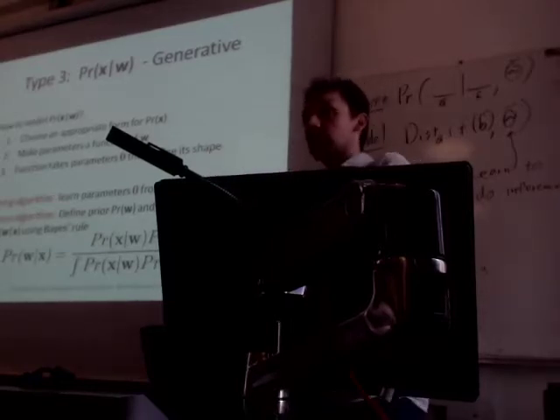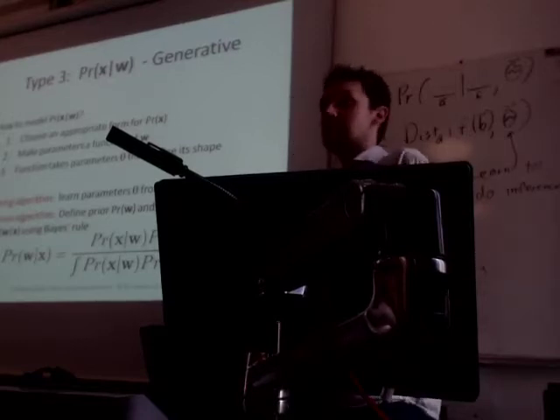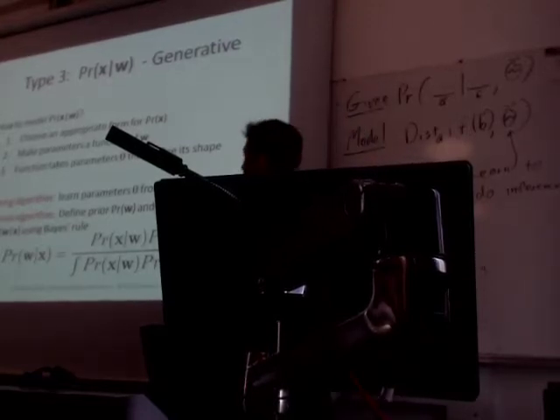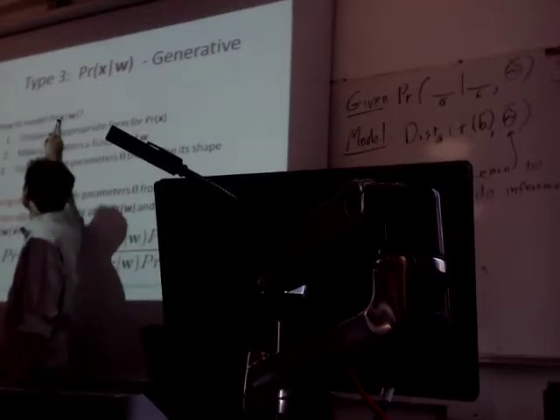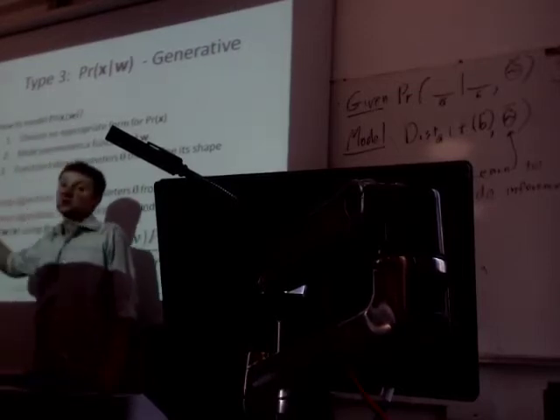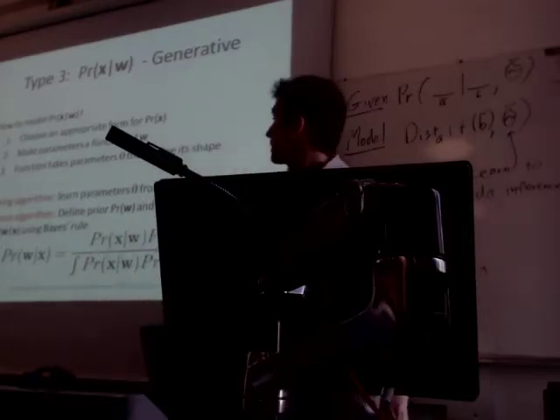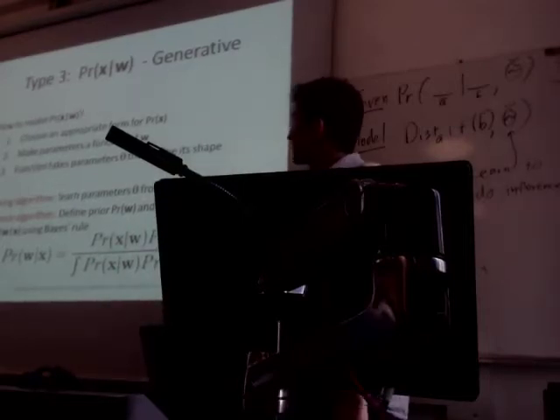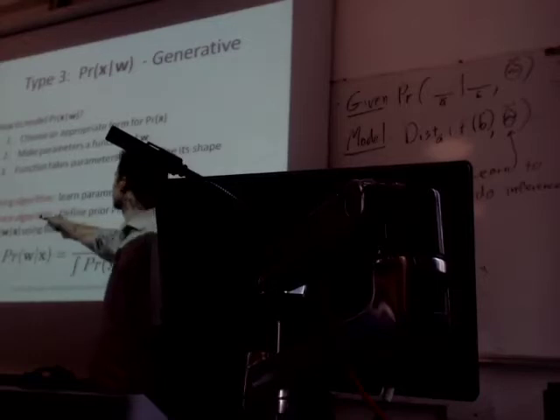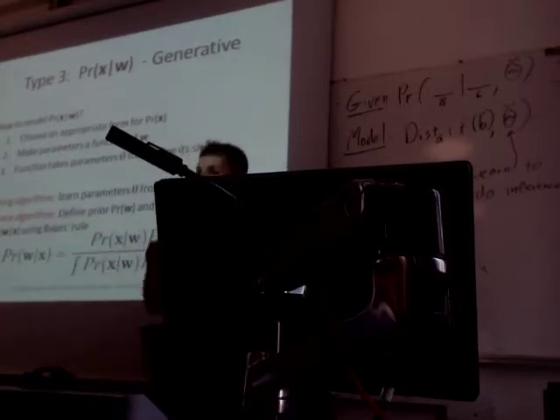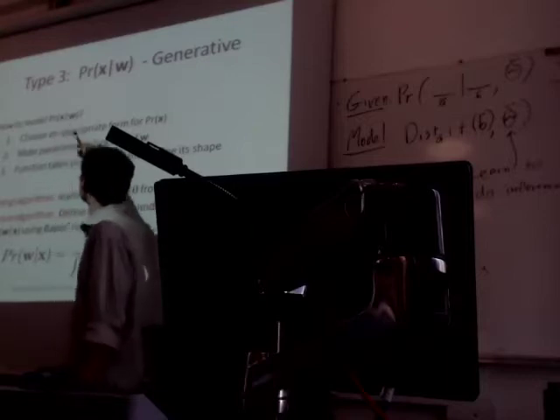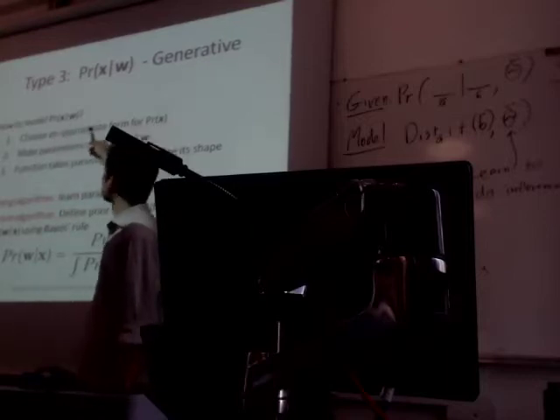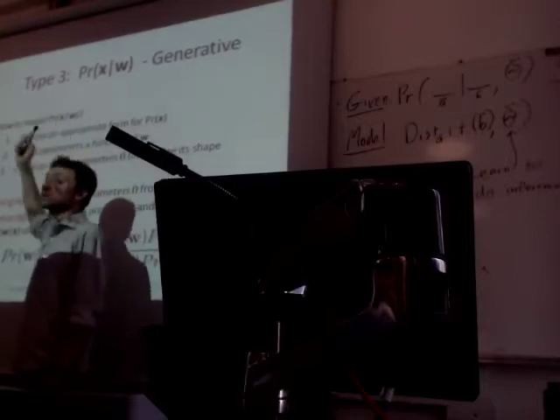So our third type, which is our second type of generative, says, all right, what is the probability of X given W? So we've got the conditional probability of X given W. We know we're going to eventually ask the question, what is the probability of W given X? But first, we've got to set up our model to represent X. We're saying, I'm going to think about the data here.